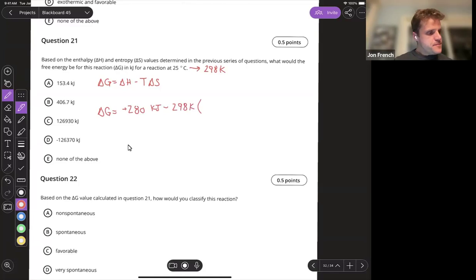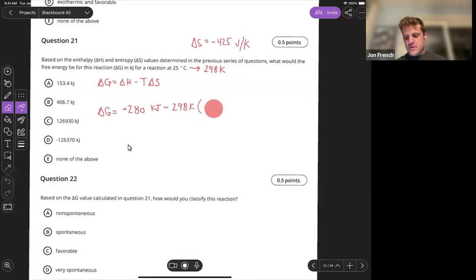And then my entropy was a minus 425 joules per Kelvin. So we can't plug that in right away. We have to do one unit conversion first.